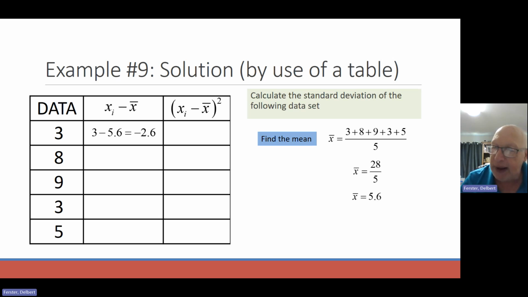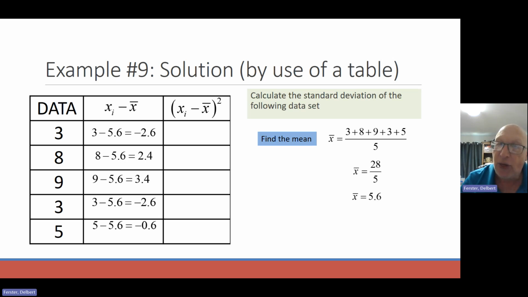So we'll be doing 3 minus 5.6. You guessed it, that's negative 2.6. And the same action for the 8 and the 9 and the 3 and the 5. So each data point minus the mean calculates the deviations from the mean for each data point. How far from the mean are they?